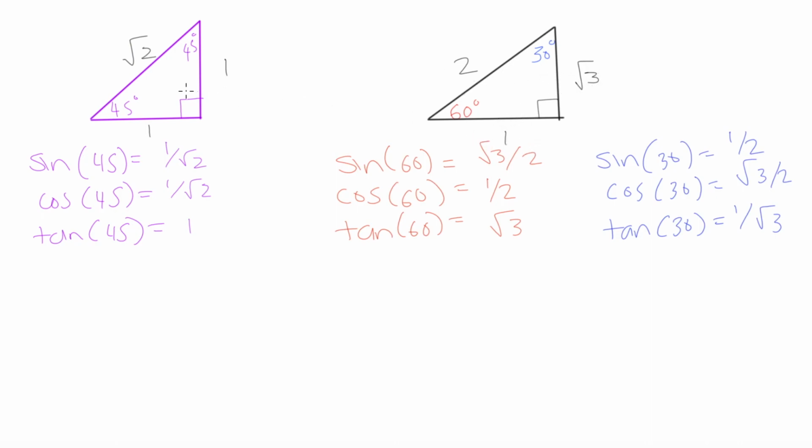And if we just remember both of these triangles and remember what the side values are and what our interior angle values are, and if you remember what your trigonometric ratios are, which is that sine is opposite over hypotenuse, cosine is adjacent over hypotenuse, and tan is opposite over adjacent, or SOHCAHTOA, then you can easily solve for sine, cosine, tangent of 45, 60, or 30 degrees without using a calculator.